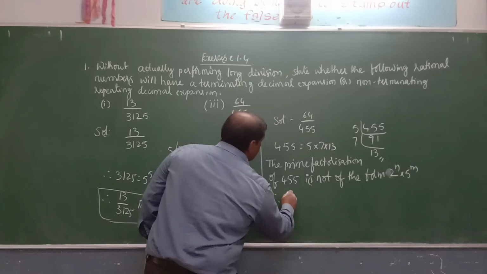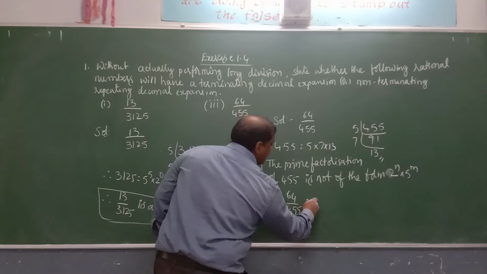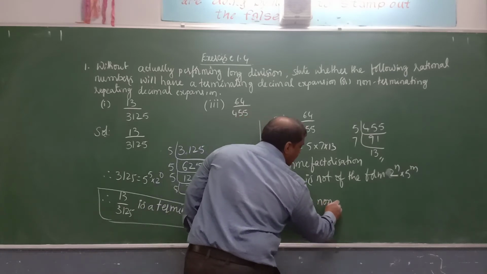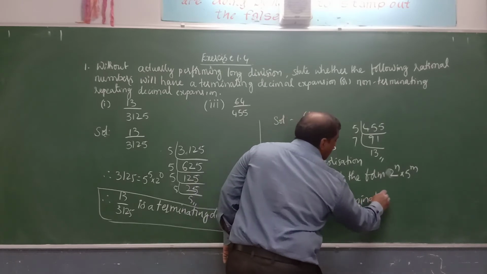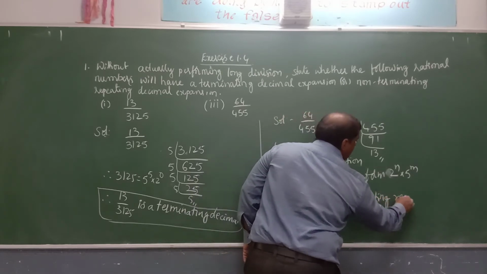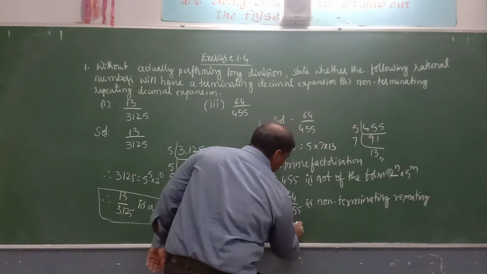Therefore 64 divided by 455 is a non-terminating repeating decimal.